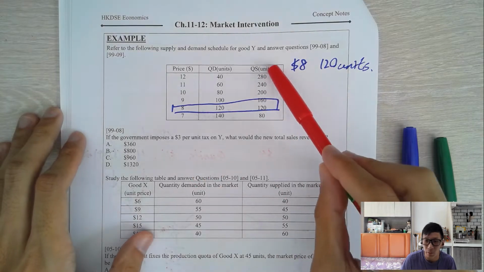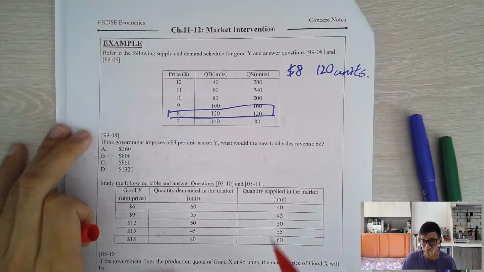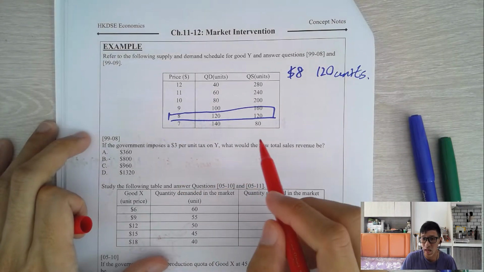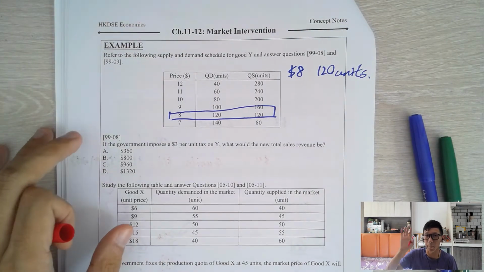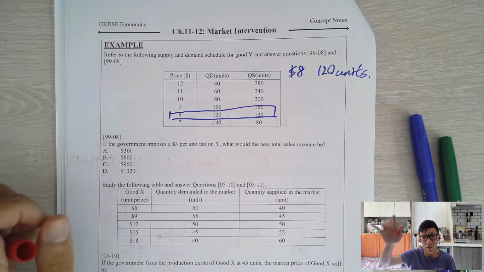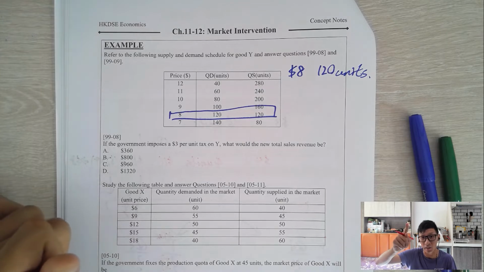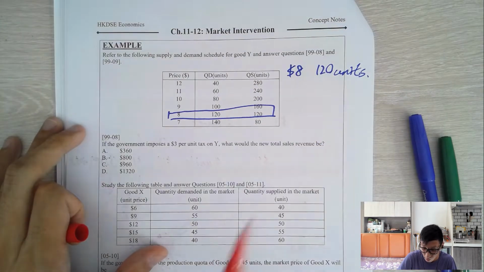We deal with the QS column. 望望啦。Originally at $7 I would be supplying 80 units. 而家你加我3蚊，from $7 I need $3 more in order to supply the same amount.